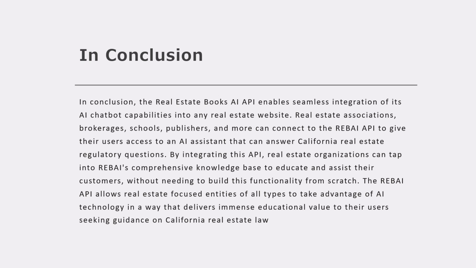By integrating this API, real estate organizations can tap into the Real Estate Books AI's comprehensive knowledge base to educate and assist their customers without needing to build this functionality from scratch.